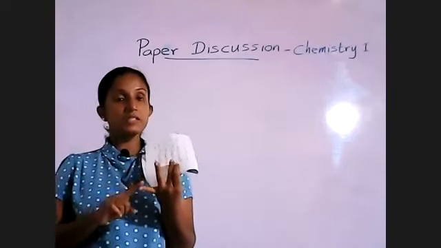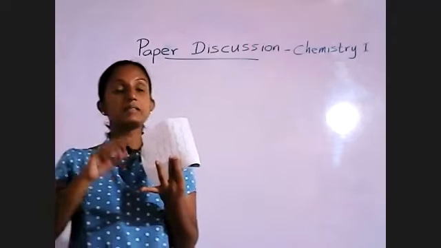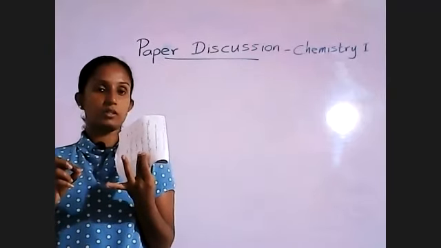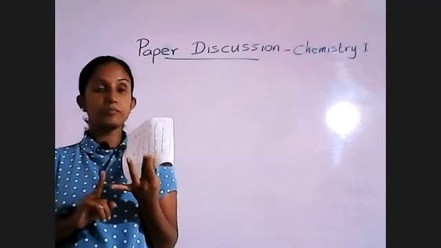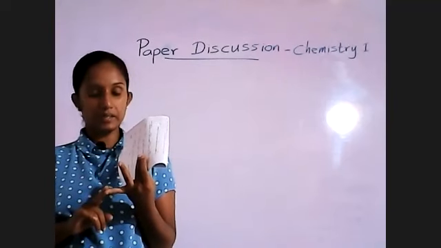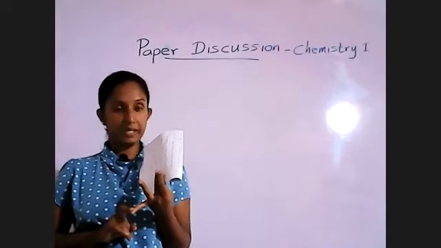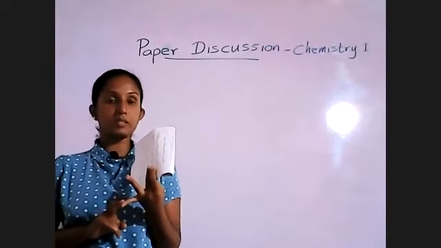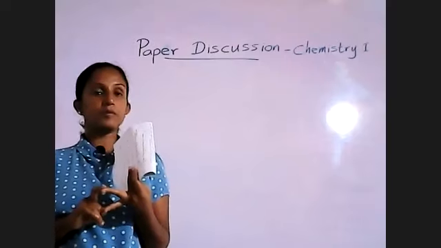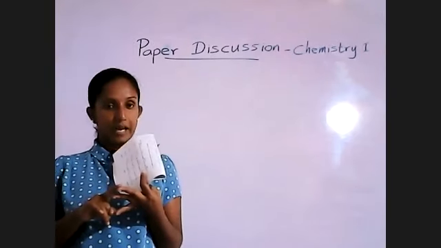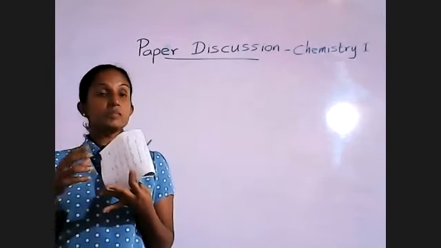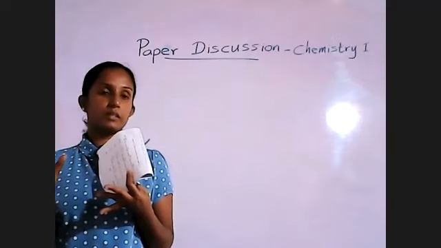From these observations, we can confirm that a chemical reaction is going on, right? But for the observations, what are the things that you can write? The formation of a precipitate, the color of the flame, evolving of gases, gas bubbles evolving.